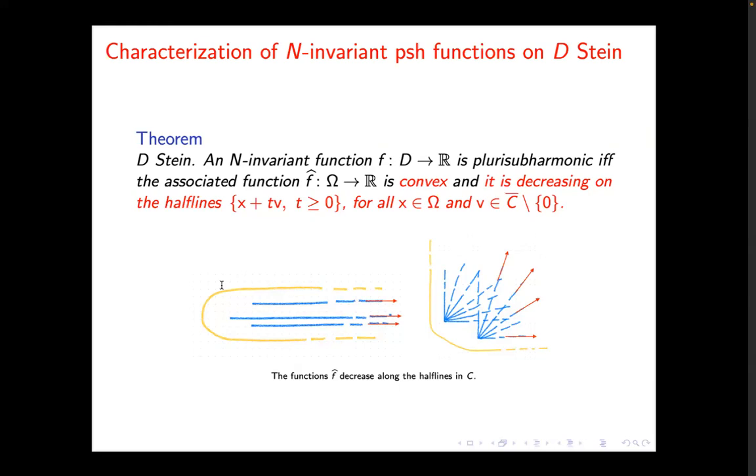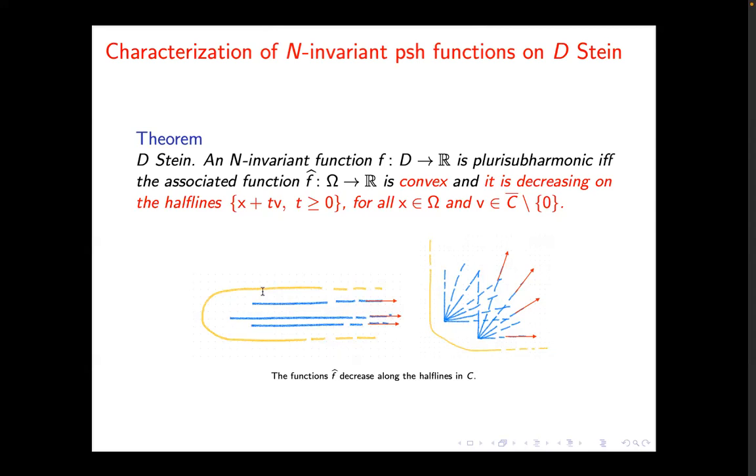In this case, omega is the base of this R-dimensional tube associated to D, so we have that F, an invariant function, is plurisubharmonic if and only if the associated function F hat is convex and is decreasing on the half lines inside omega.